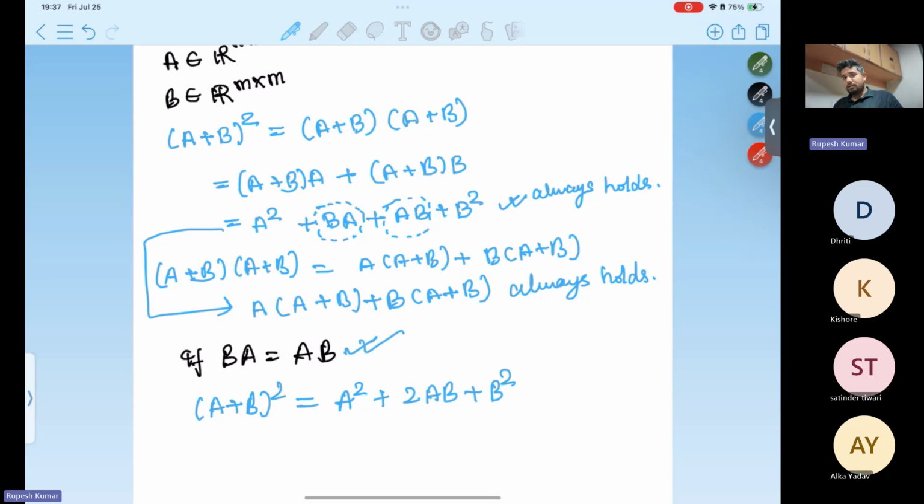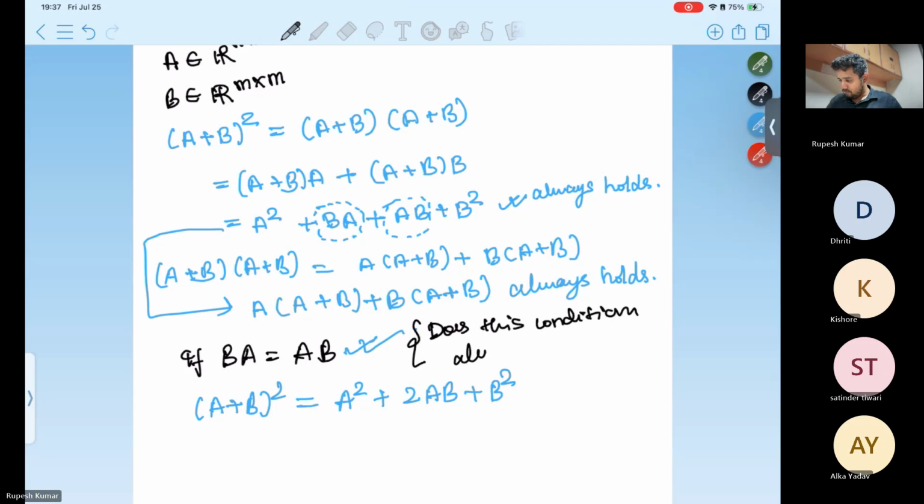Can anyone tell me, does this condition always hold? If this is true for all sets of matrices A and B which have the same dimensions? Anyone?